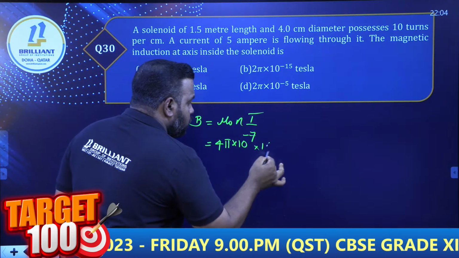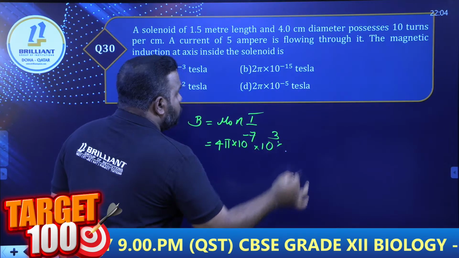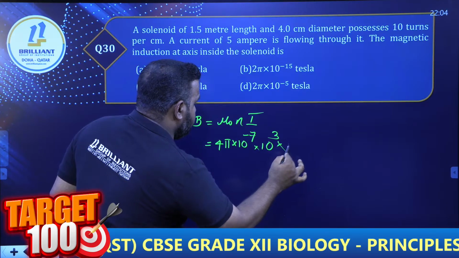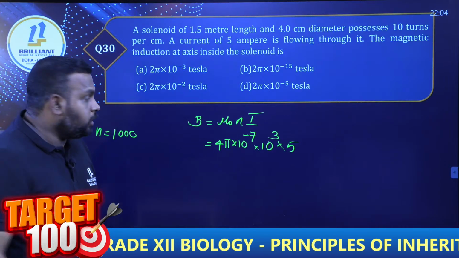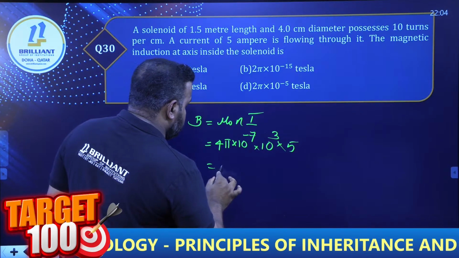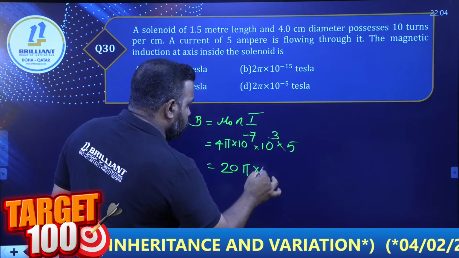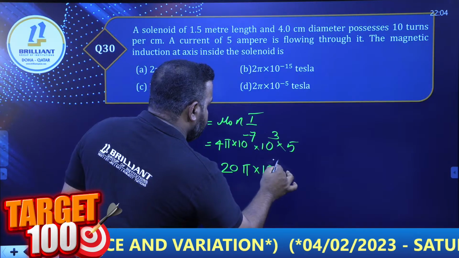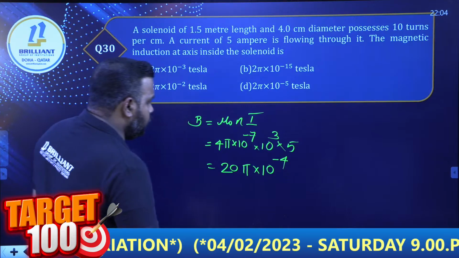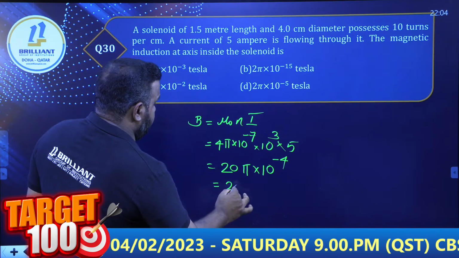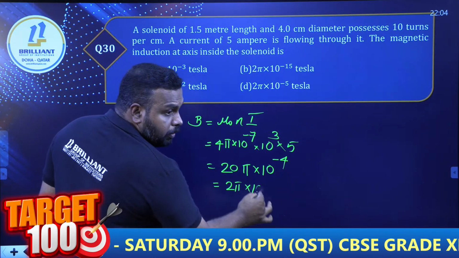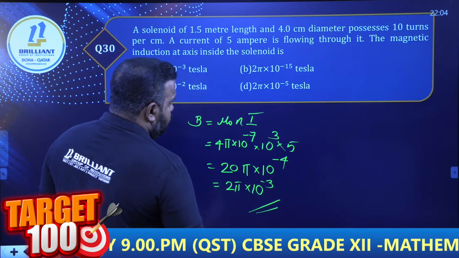1000 means 10 raised to 3 into current. Current is how many ampere? 5 ampere. Okay, so what do we get? 5 into 4 is 20. 20 pi into 10 to the power minus 4 will be there, which is equal to 2 pi into 10 to the power minus 3.